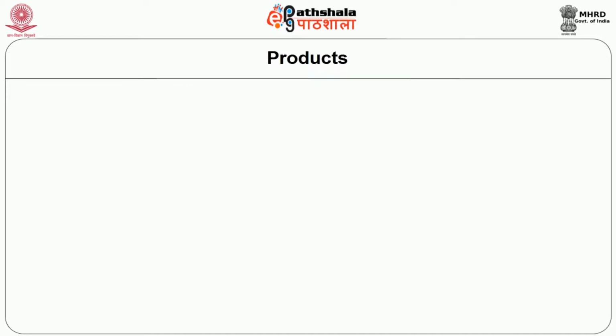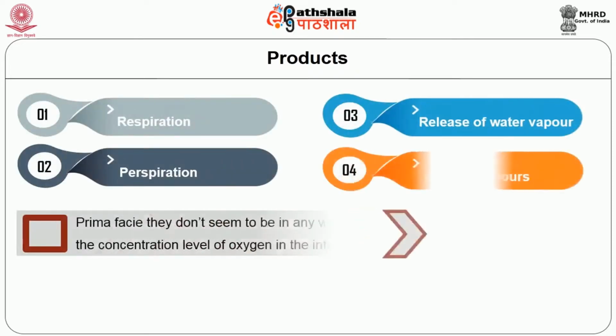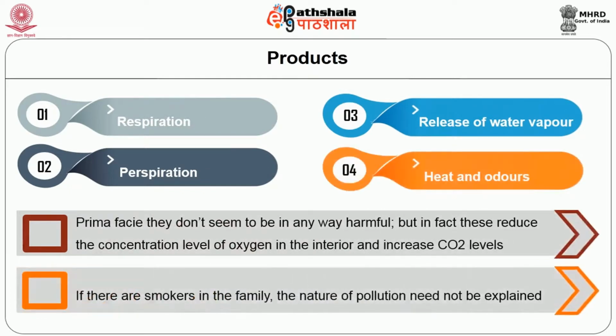Similarly, human beings get along involuntarily with their regular metabolic activities like respiration, perspiration, release of water vapor, heat and odors, and other life-sustaining activities like food preparation and storage. Prima facie, they don't seem to be in any way harmful, but in fact, these reduce the concentration level of oxygen in the interior and increase carbon dioxide levels. If there are smokers in the family, the nature of pollution need not be explained.